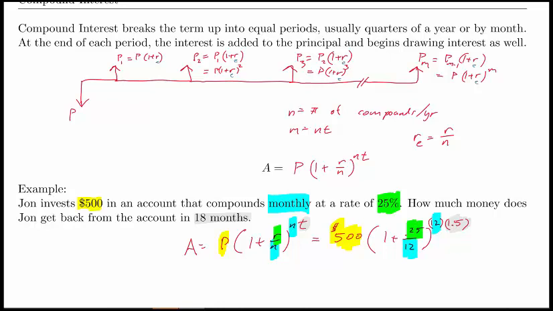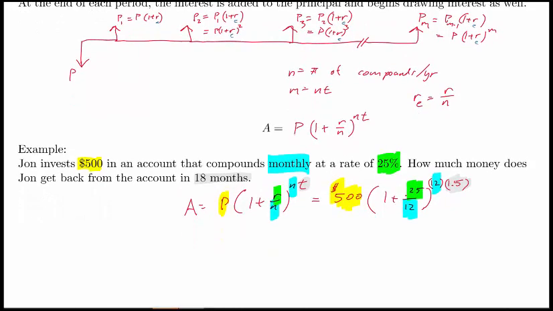All right, so we calculate this through. So you get 500 times 1.0208333 raised to the 18th power.